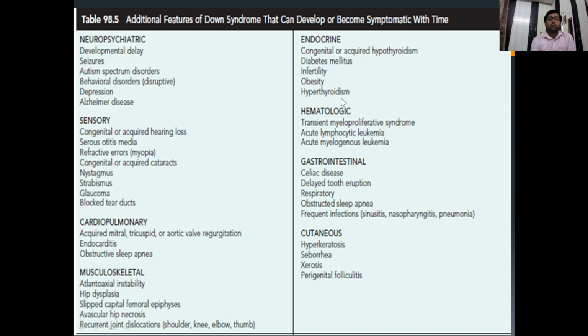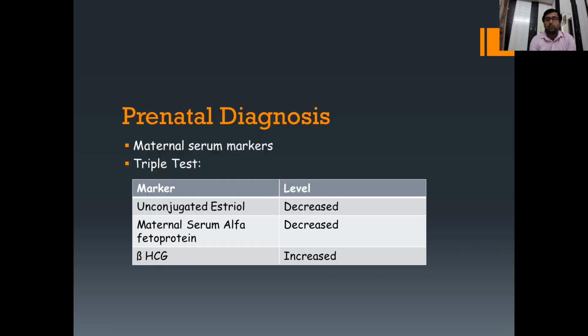Hematological problems which can develop, important is acute lymphoblastic leukemia. So in a child with Down syndrome, we have to screen by using a complete blood count to rule out leukemias. Okay. In gastrointestinal, celiac disease and delayed tooth eruption are seen.